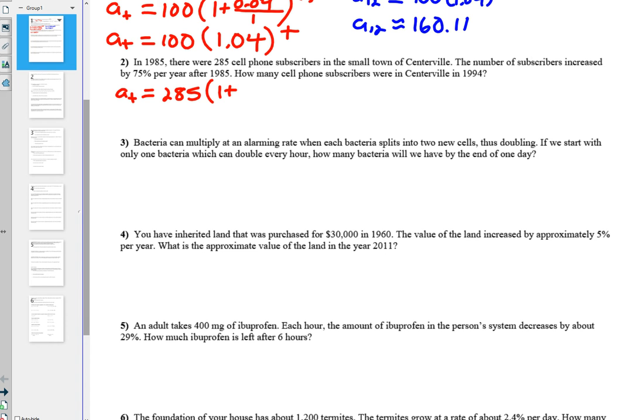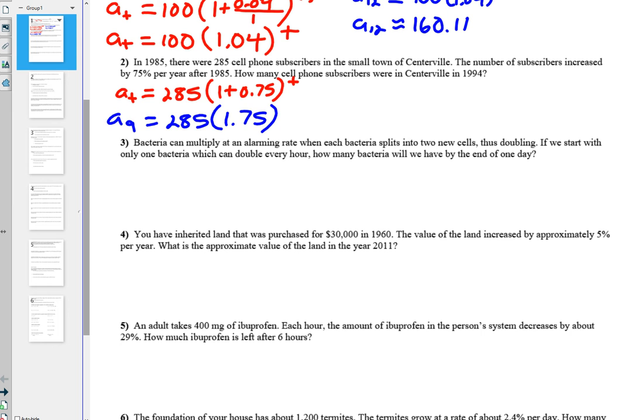What is it increasing by? 0.75, to the power of how many we're measuring in years, so we'll leave it in t years. Then we'll plug in how many years pass by from 85 to 94? 9 years.